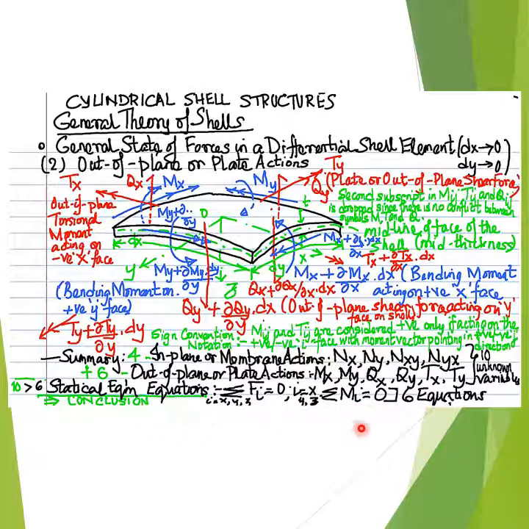And as apparent, the number of unknown internal actions, which are 10 in number, or the unknown variables, are less than the equations available from consideration of statical equilibrium, which are 6 in number.